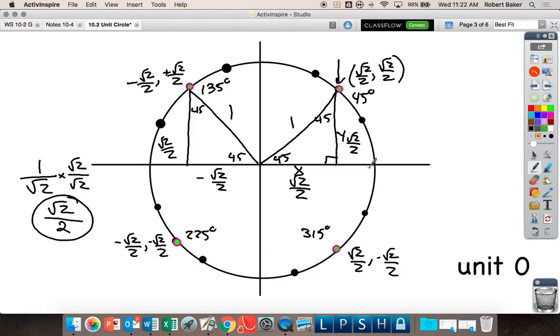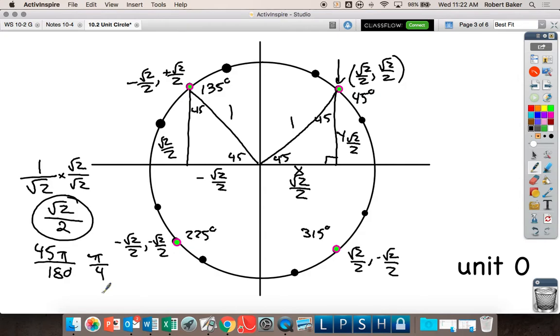When you count by 45 degrees, what is the radian equivalent? You might have to convert it. Multiply it by pi over 180, and you're counting by quarters.